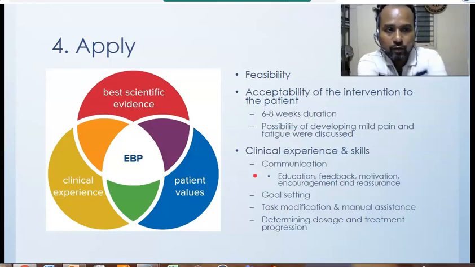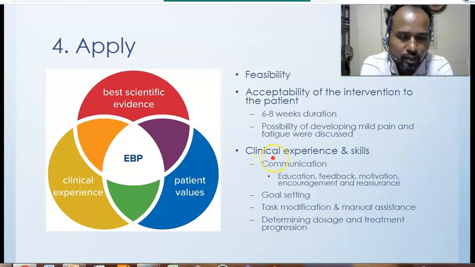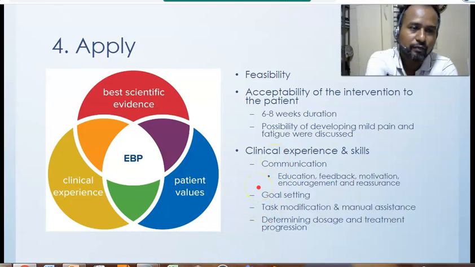So these aspects were very critical for implementing, because implementing an exercise without integrating these things, it can be an exercise supported by evidence, but it might fail if we don't communicate it well, if you don't educate the patient. So it is a very critical part of applying it. And in addition, in goal setting, I did some on-the-spot task modification, provided manual assistance, and also dosage determination and treatment progression, which I have decided.